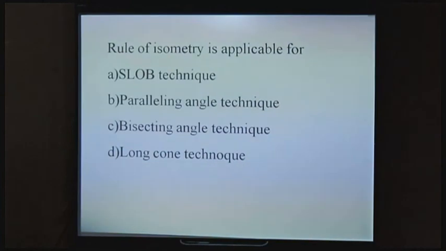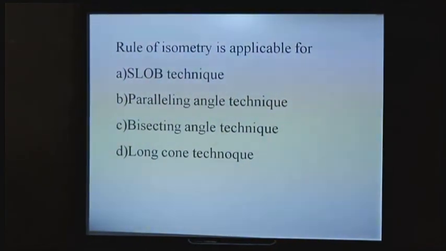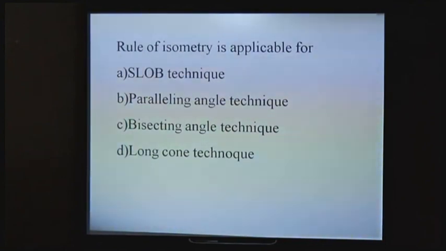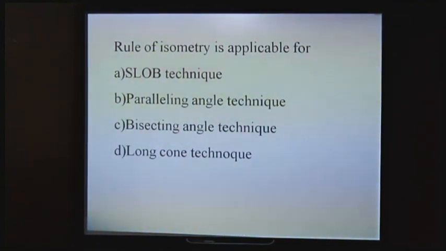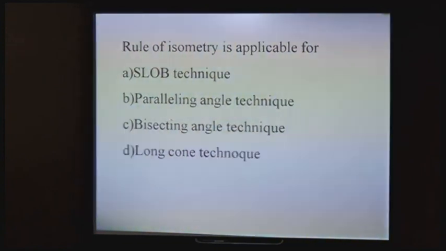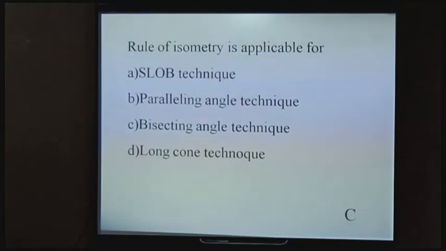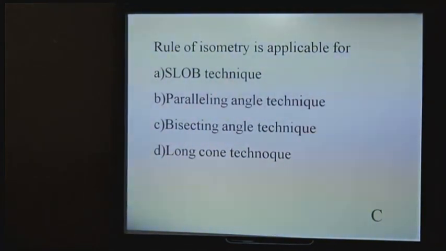The rule of isometry is applicable for, see, what is the other name for bisecting angle technique? Short cone technique. What is the abbreviation for SLOB? Same lingual, opposite buccal. Okay. What is the rule of isometry? It's fully called as Cieszynski's rule of isometry. There are two triangles which have two equal angles and share a common hypotenuse.